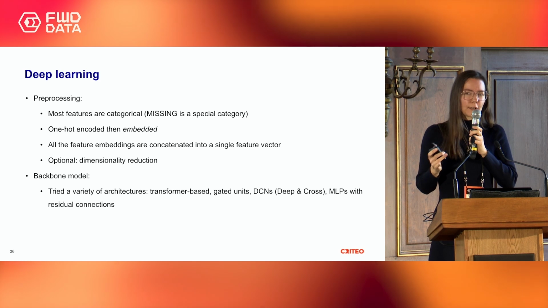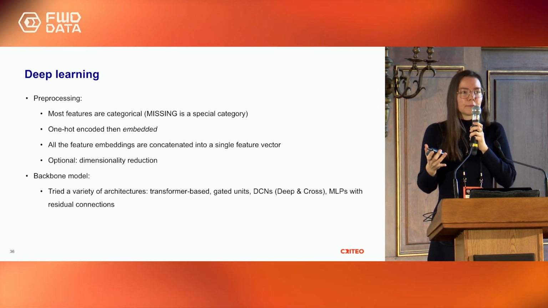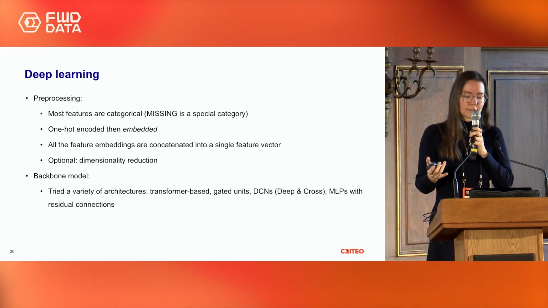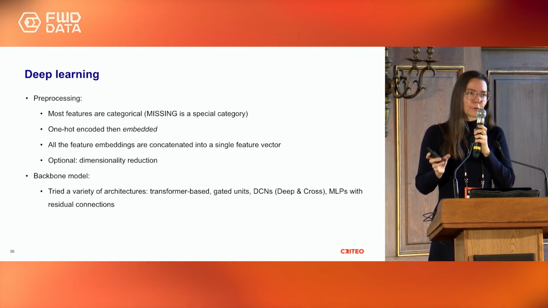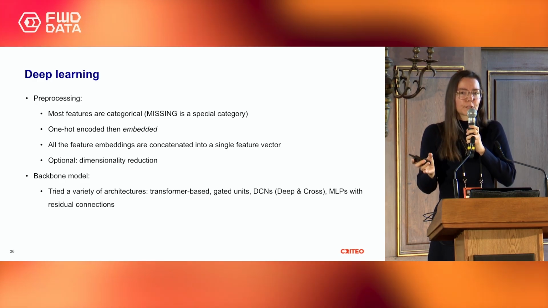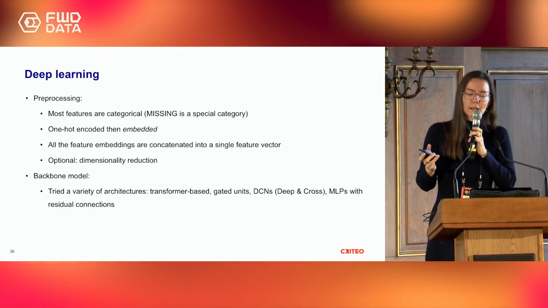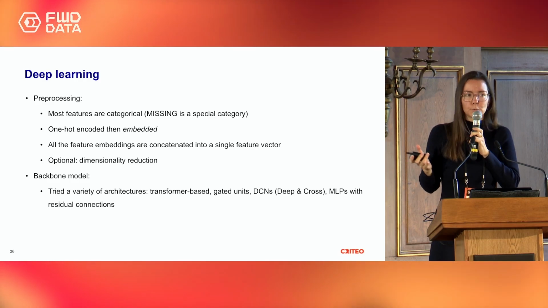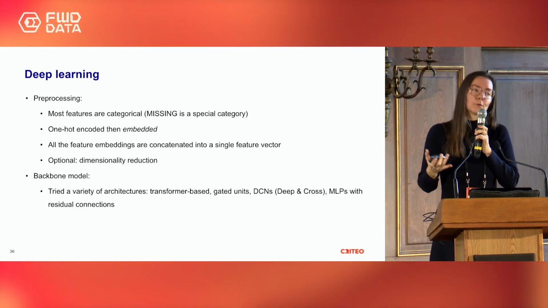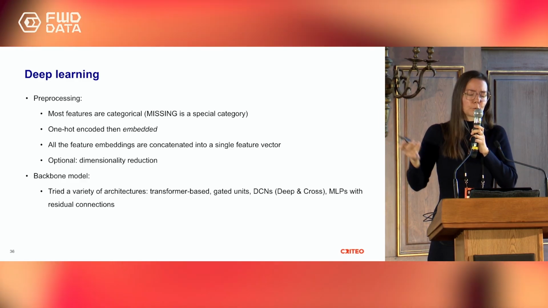I'm not supposed to say what the architecture of the model that we have on prod right now is, but I can tell you, as somebody who trained these models, that careful optimization of the hyperparameters seems to be more important than the actual architecture that you choose. So if you tune the hyperparameters on an MLP with residual connections well, it will probably perform as well as something that is much fancier, like a DCN network.